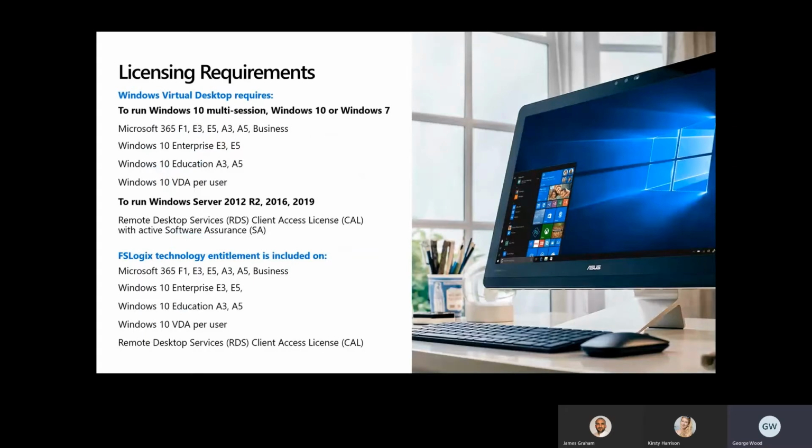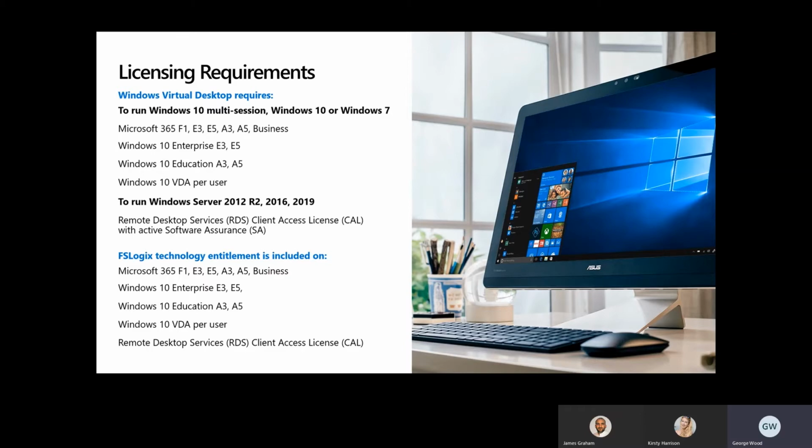One thing that is very important to touch on are the licensing requirements for Windows Virtual Desktop. Microsoft 365 is one of those core requirements, but you can also leverage the WVD services with Windows 10 as well. One of the bits of licensing that I would call out here is that you are entitled to Windows Virtual Desktop even with Microsoft 365 Business, which is a sub 300 user license, but can really help those small businesses get going with remote desktop services.